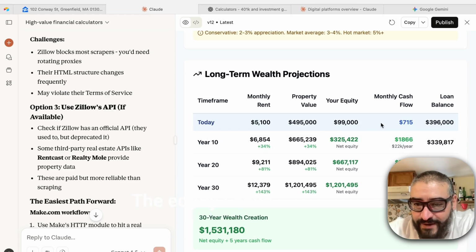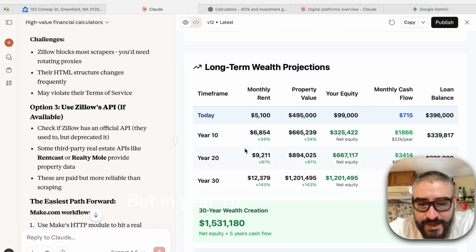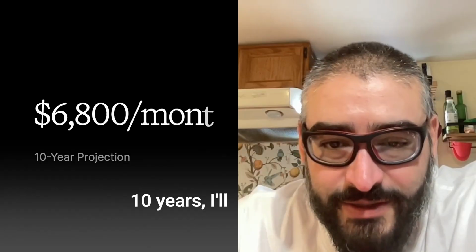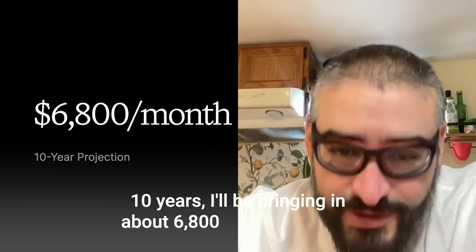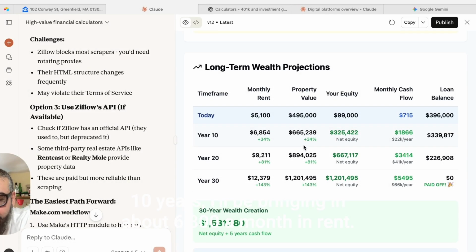Value, the equity I have, monthly cash flow would be 715. That's the amount that would actually be coming to me per month from that. It does show you another breakdown further down of actual costs. But in year 10, because my loan is fixed and my rents are going up, after 10 years, I'll be bringing in about 6,800 a month in rent.